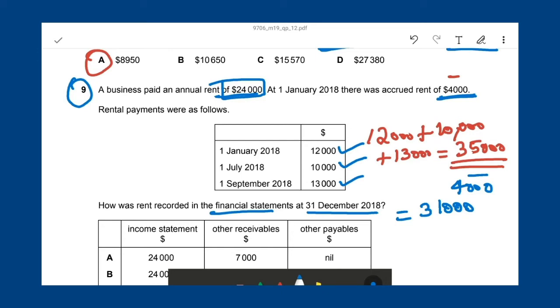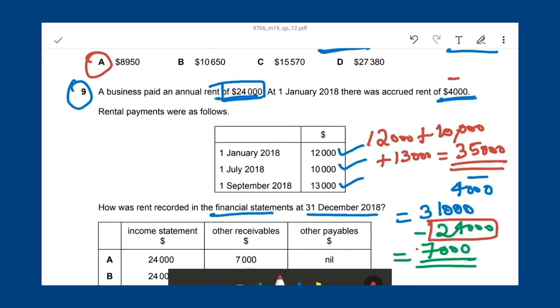Prepaid rent. So that we should deduct. Actual amount is 24,000. 31,000 minus 24,000 is equal to 7,000, the extra amount they paid in advance. So the actual rent of this year is 24,000.